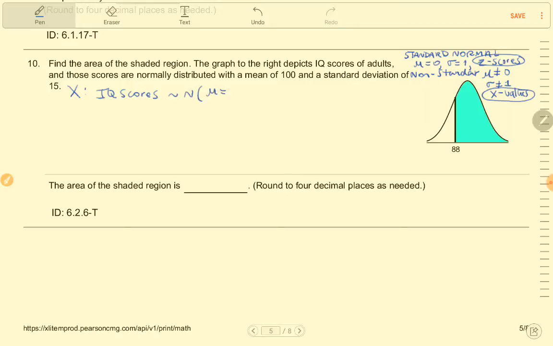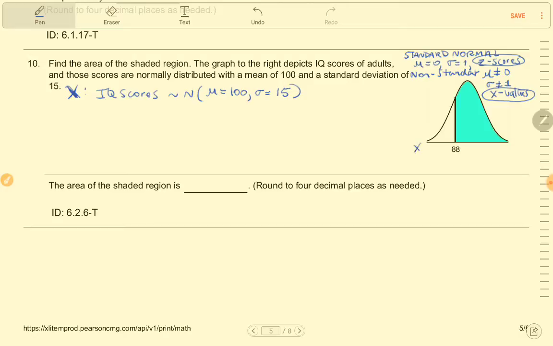Like this example here, because our x values are IQ scores, which are normally distributed with a mean of 100 and a standard deviation of 15. So not standard.